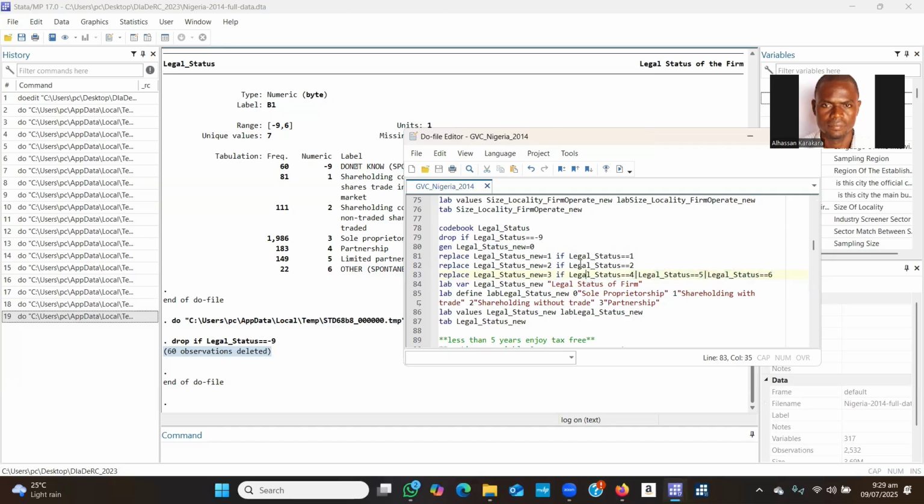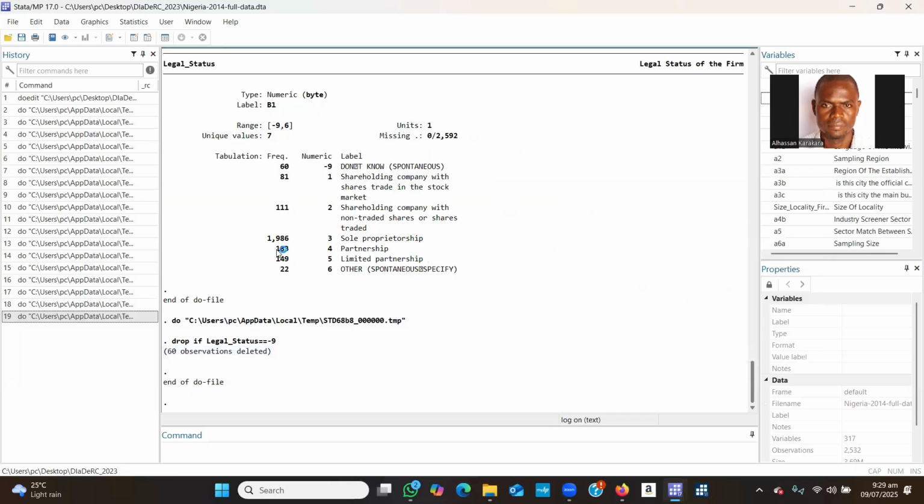In this particular do file, what I did is that I decided to combine 4, 5, and 6 as partnership, because these guys, 183 are saying they are partnership firm, 149 are saying limited partnership, it is still partnership. Then these other people, I simply added them to the partnership.